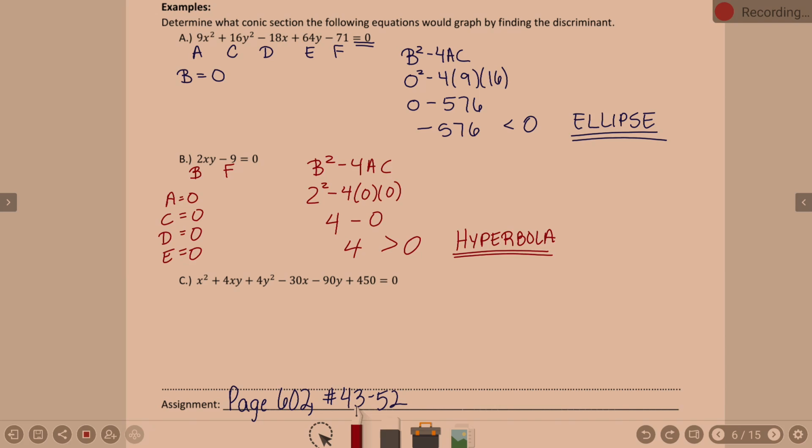Okay. And one more. What can you tell me on C? Okay. A is the 1 in front of x squared.